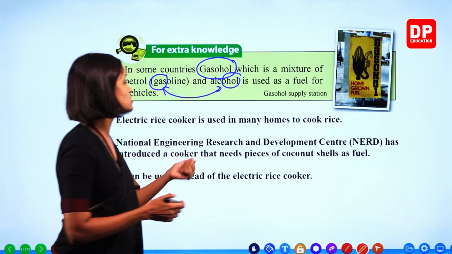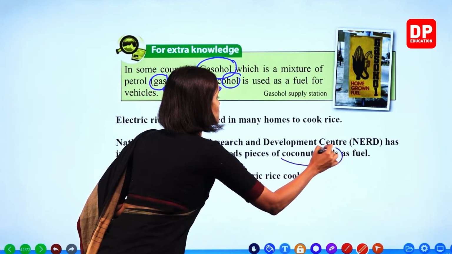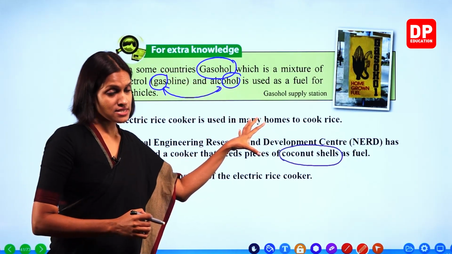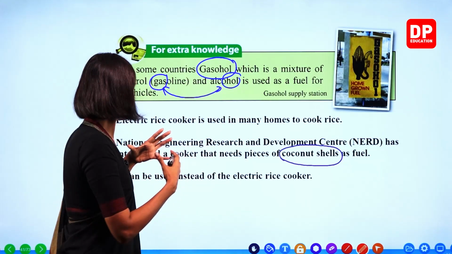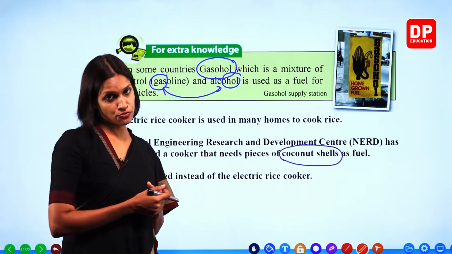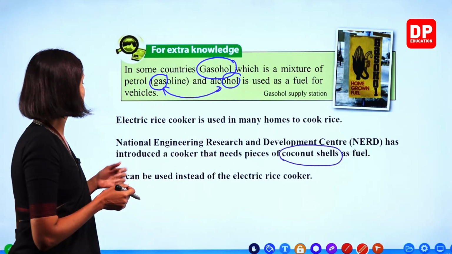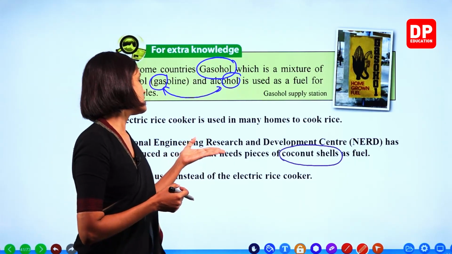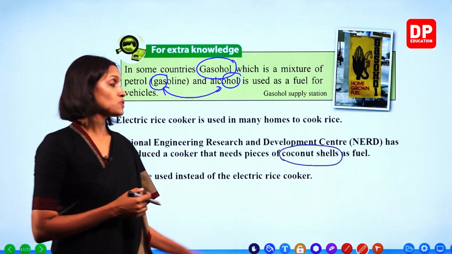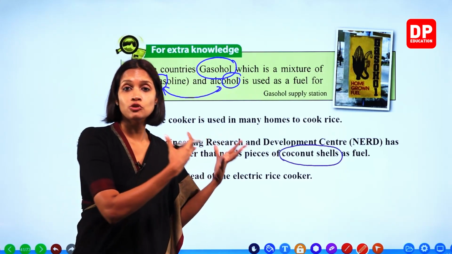Okay, so coconut shells are also considered biomass. So instead of using electricity, there is a new type of rice cooker that uses coconut shells as fuel. Right, children? So it can be used instead of the electric rice cooker. In that case, it is a low-cost product.